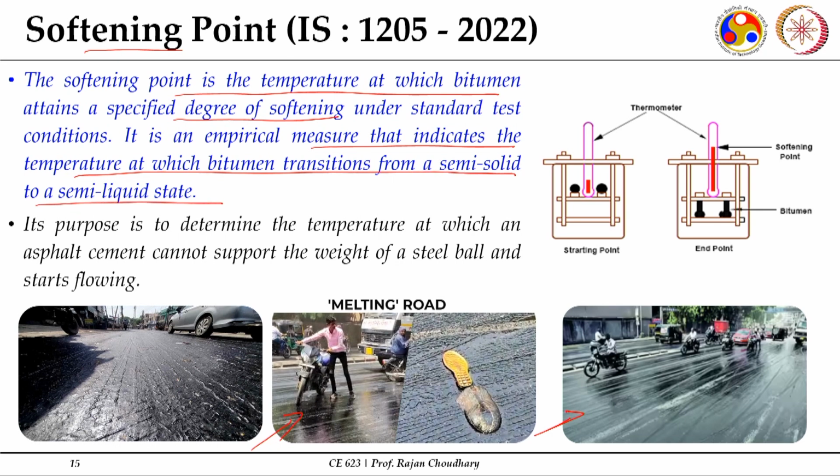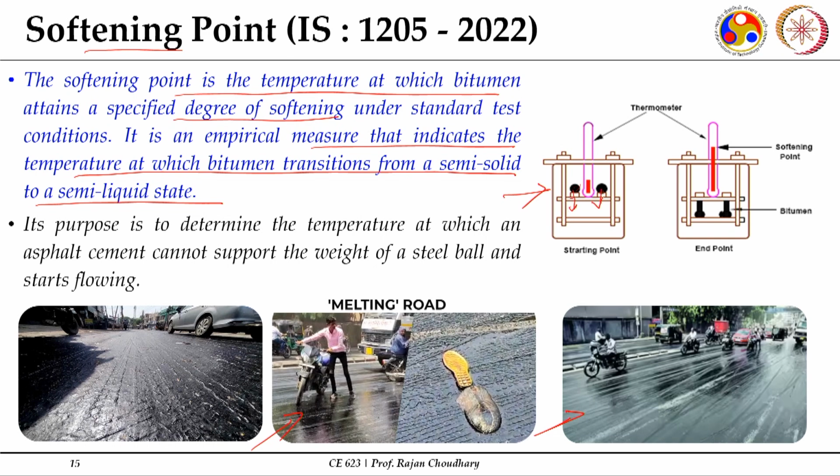So, under this test, I will prepare some rings with a binder sample, and over that a small ball weight will be placed, and in this particular cylindrical measure, it will be submerged in water. I will raise the temperature, and I will see when, under the weight of this ball, the binder in the ring moves down.